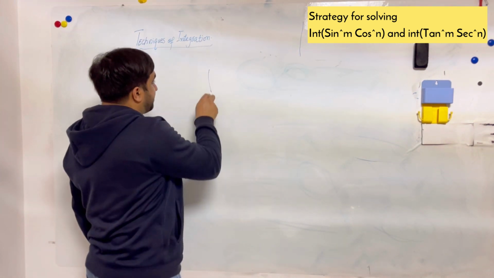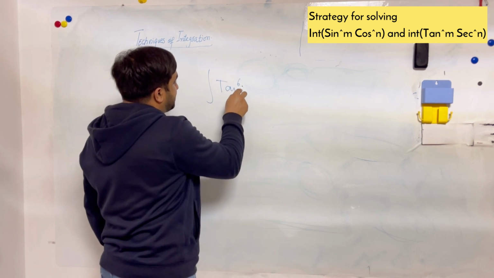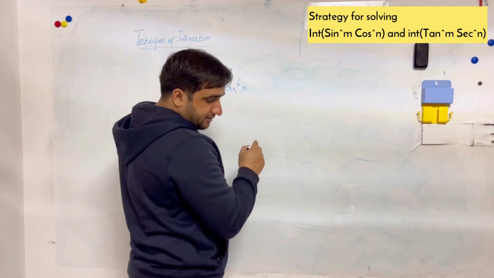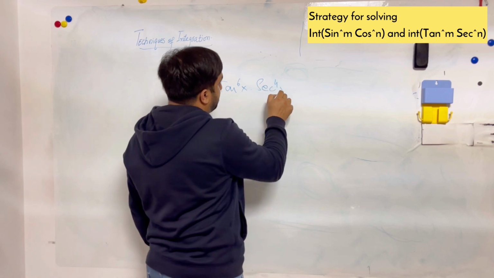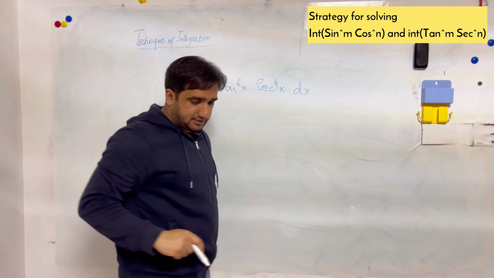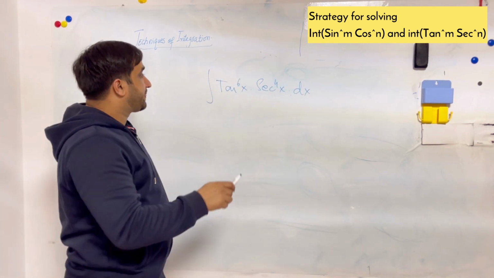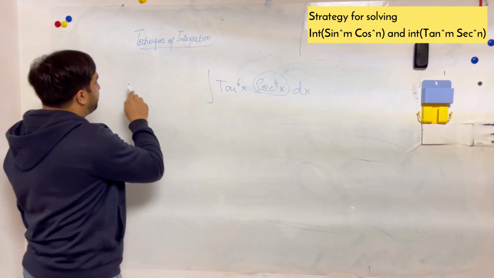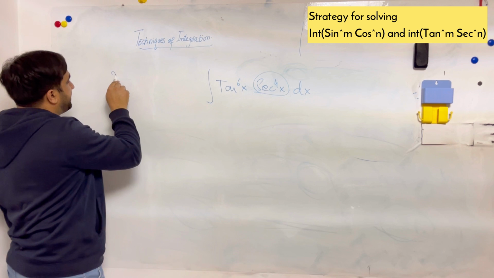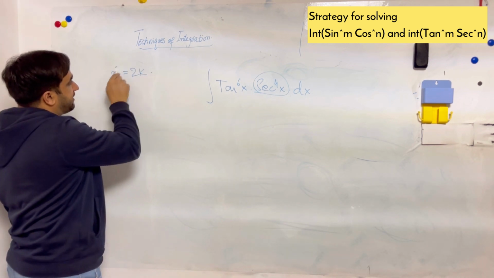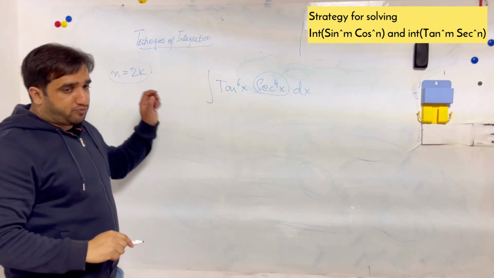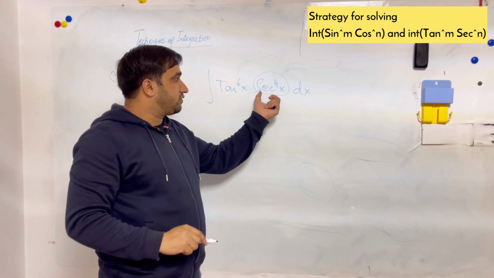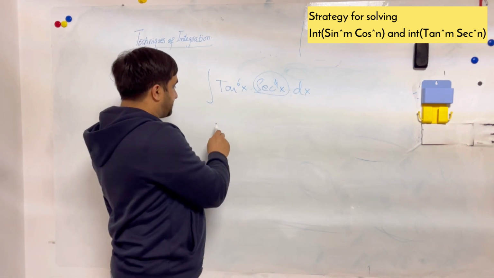If we have the integral of tan^6 x secant^4 x dx. Now you see, I told you that if the power of secant is an even number, this guy was n, and if n is equal to 2k, some even number, then pick up one secant square out of it and keep it there with dx.